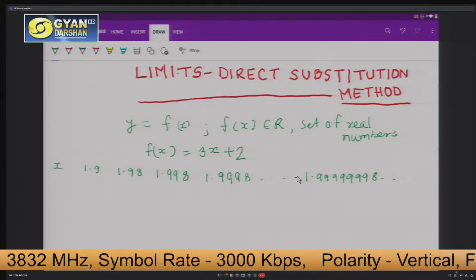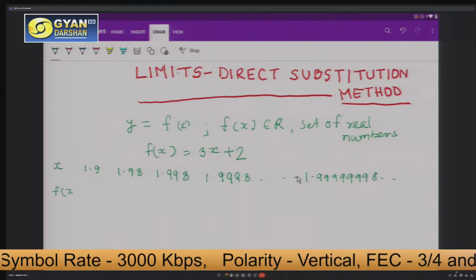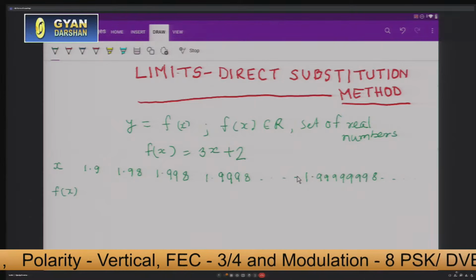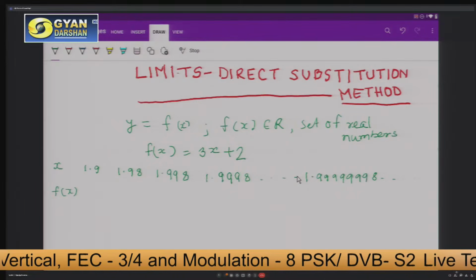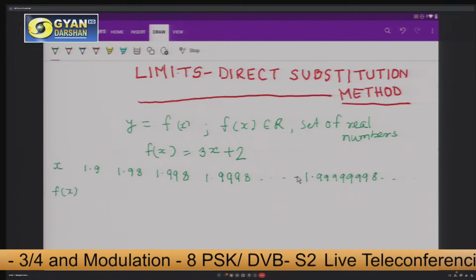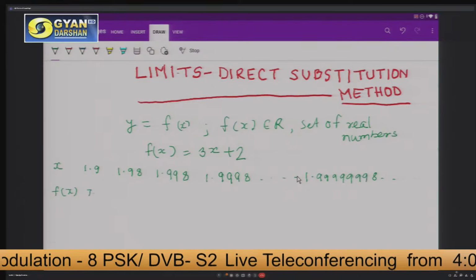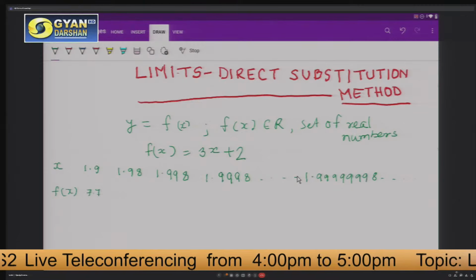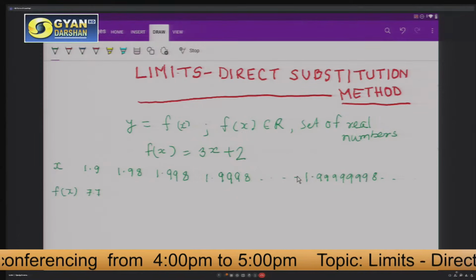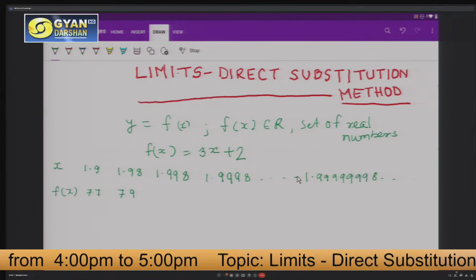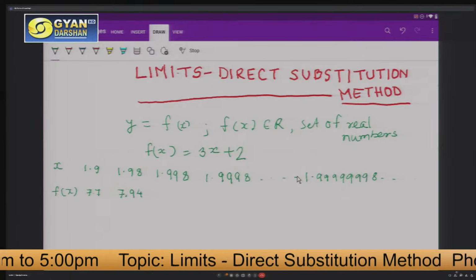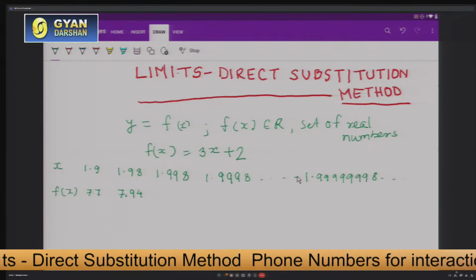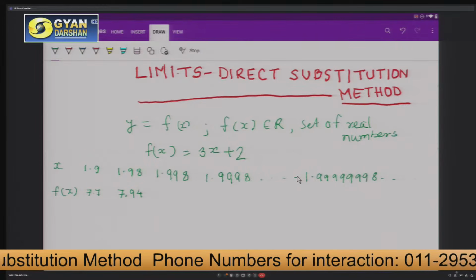Now what will be the value of f(x)? f(x) is equal to 3x plus 2, so quite simple, you can calculate. It is 7.7. Next, when x is equal to 1.98, then f(x) will be 7.94.